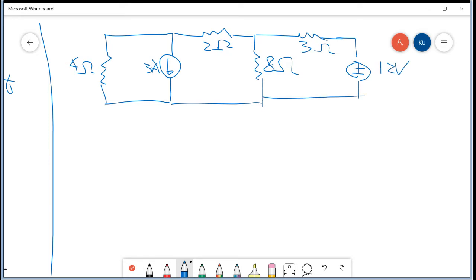Something like this. So this question asks you to find VO. What is VO? VO is the voltage across the 8 ohm resistor. So this is VO.